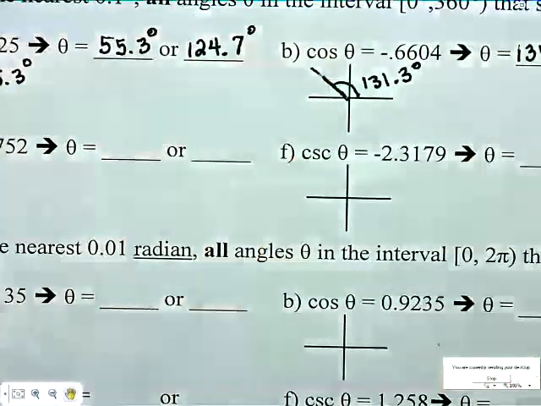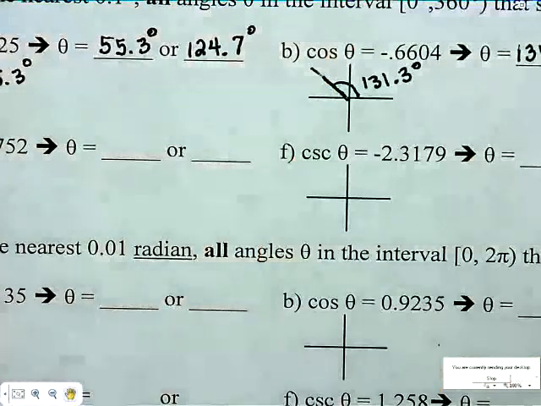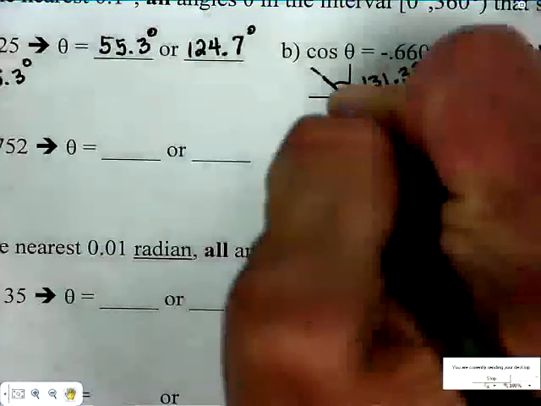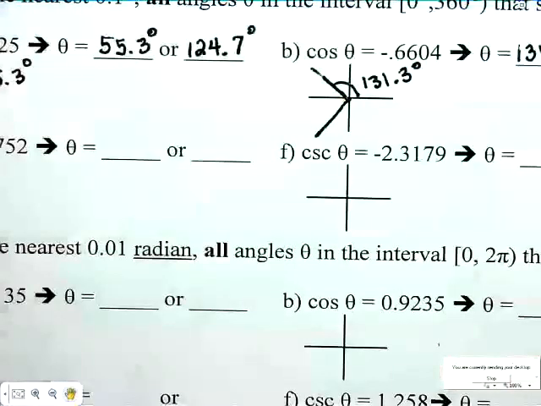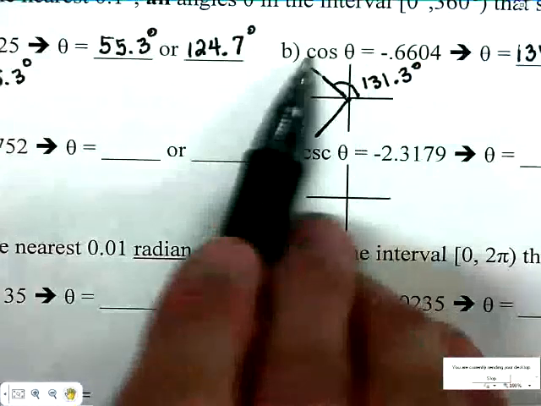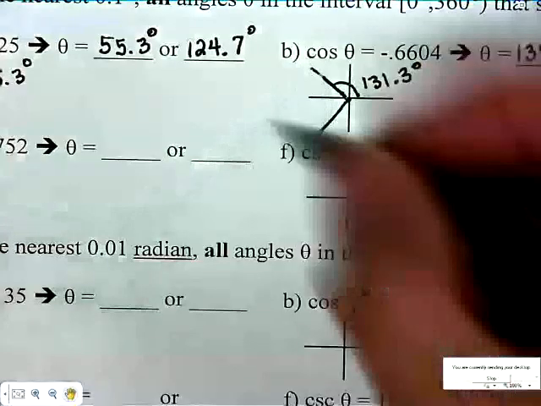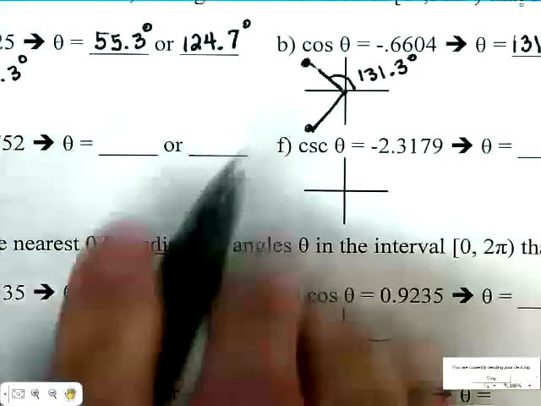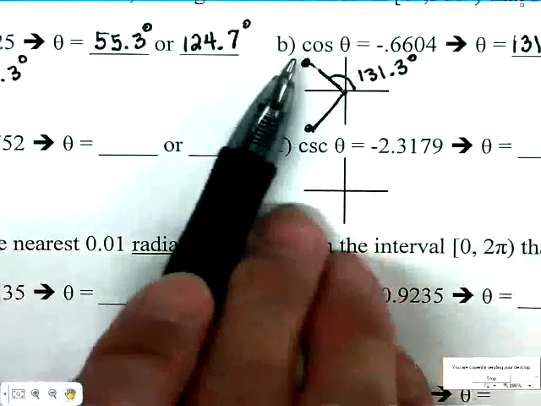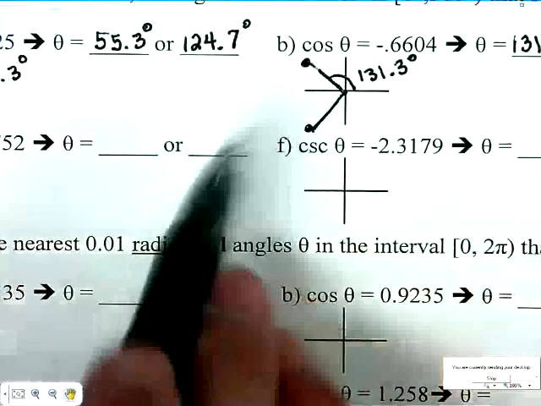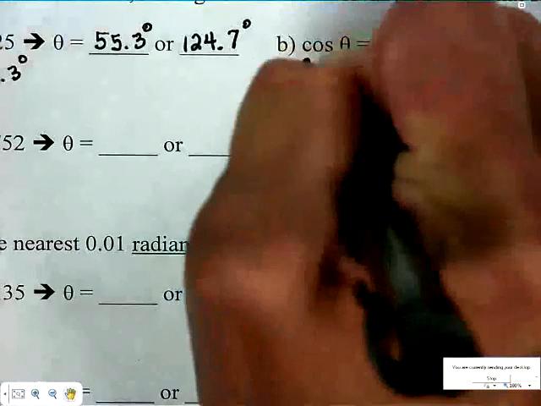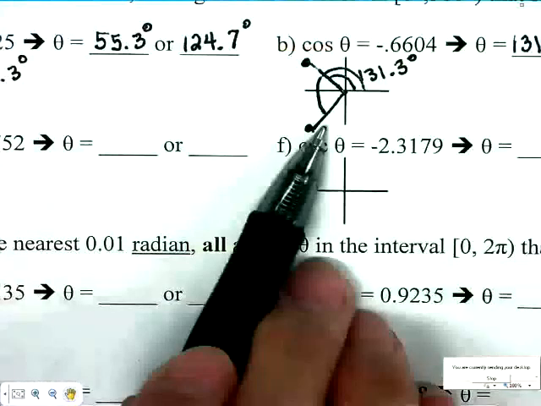But you told me that there's also a third quadrant angle. You see why it would have to be right here? Cosine is your x-coordinate. Your x-coordinates are the same here and here. We've gone the same distance to the left of the origin from here to here. So how can I find the angle in the third quadrant that has this as its terminal side?